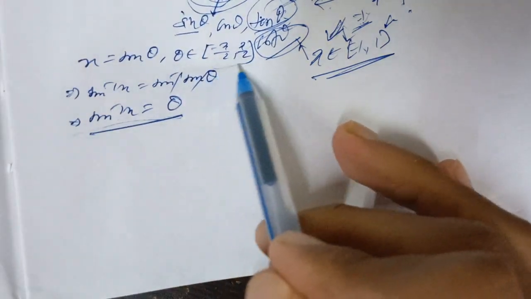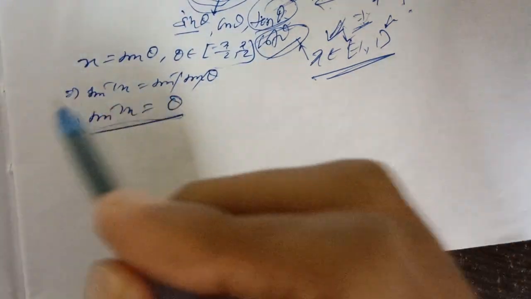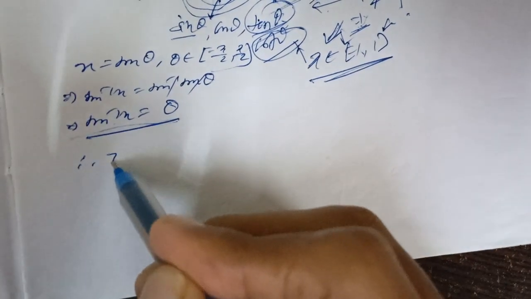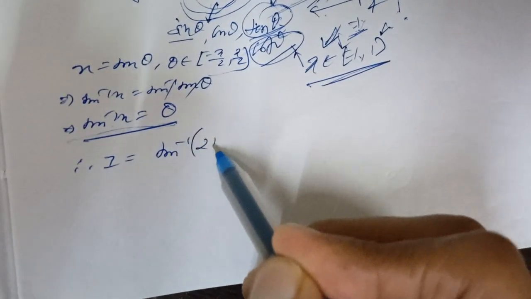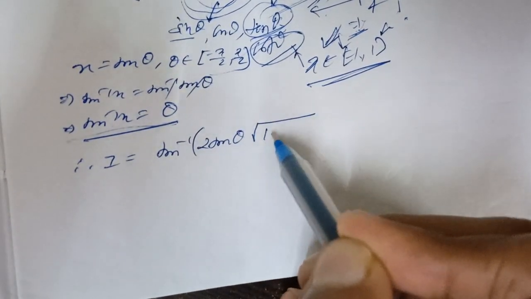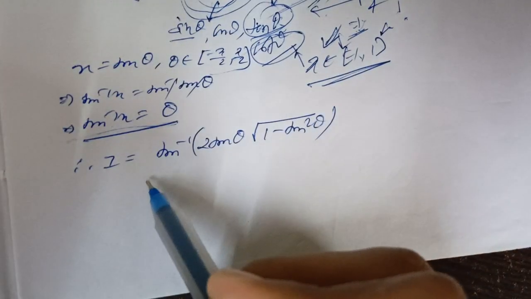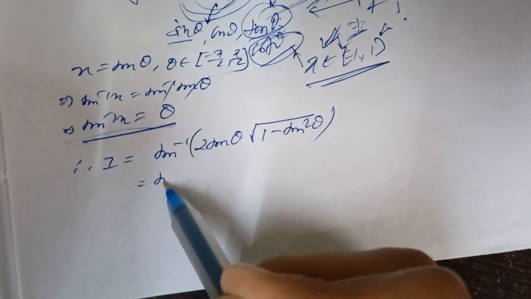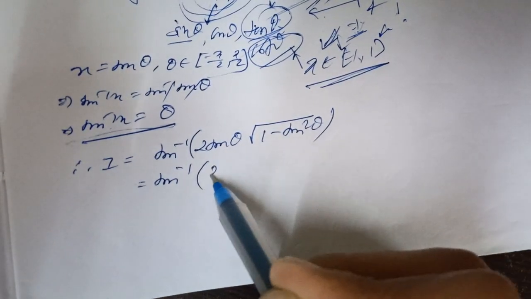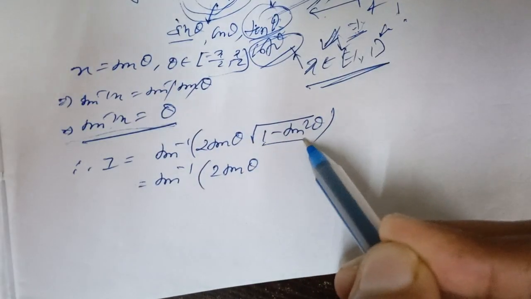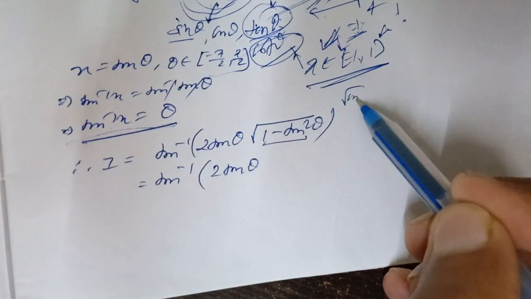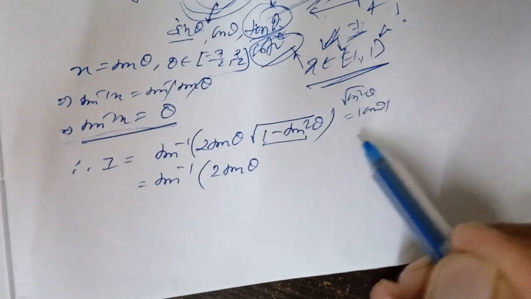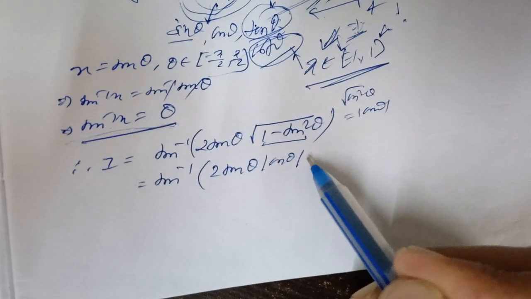Now therefore I is equal to sine inverse of 2 sine theta root over 1 minus sine square theta. Now this is going to be cos square theta, right? 1 minus sine square theta is cos square theta, and the root over cos square theta is going to be mod cos theta. So let's just write it as mod cos theta.